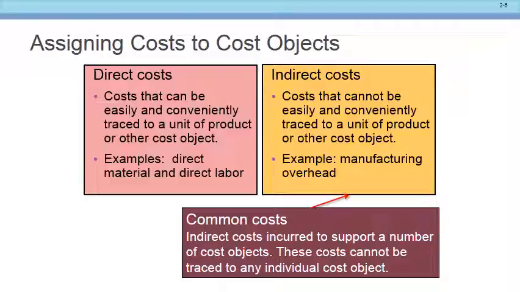How are we going to get the indirect cost in there? It is going to be an estimate, but we'll call that estimation an allocation. We will allocate our cost to the sandwich based on some factor that drives our cost.